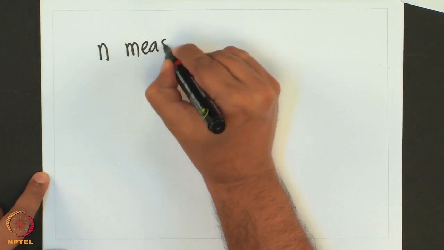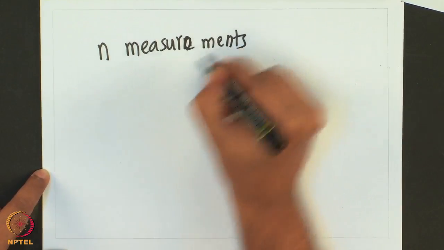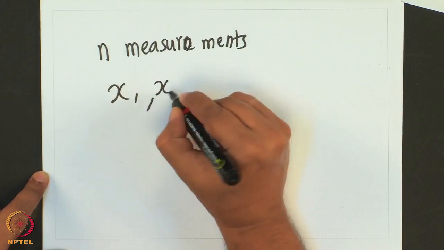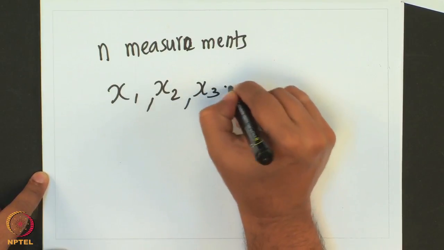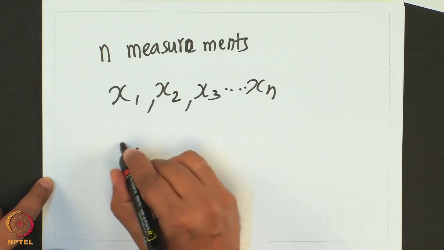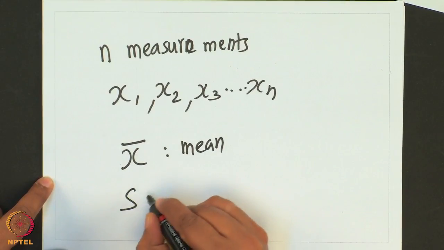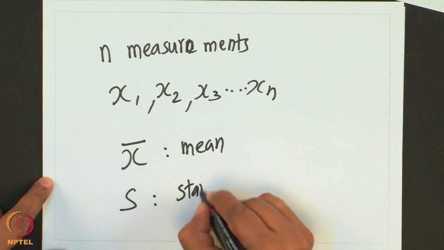Let us think of a situation first. We would do an experiment and we would do n measurements. So you have x1, x2, x3, up to xn, and from this you could calculate x bar, which is the mean, and you could calculate s, which is the standard deviation.